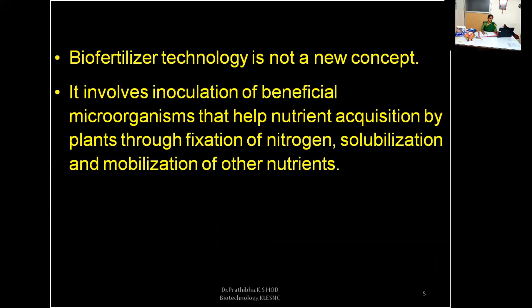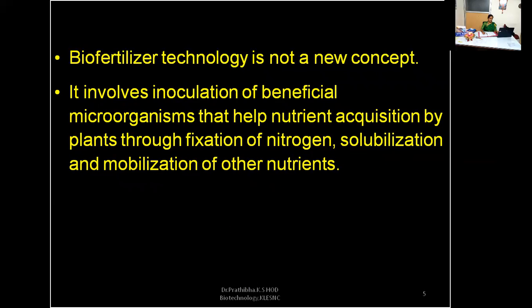Insoluble forms of soil phosphorus are converted into soluble forms by certain microorganisms. This makes the phosphorus available to the plant system. Phosphate is also solubilized by some bacteria and by some fungi that form association with plant roots.